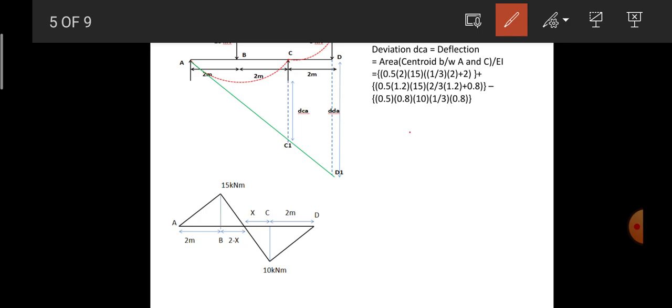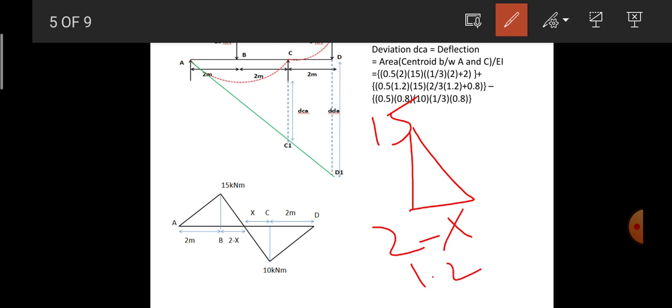Coming to the second sketch, I have it like this. This is 15, and this is 2 minus x, that is 1.2 meters, and this is point C, which is at a distance of x. Now the area of the triangle is half into 1.2, the base, into 15, the height.